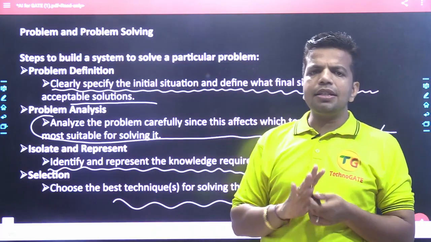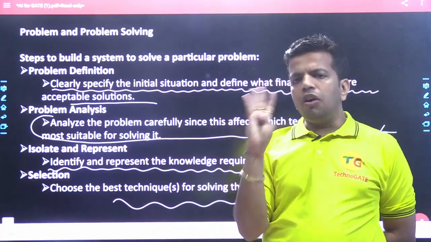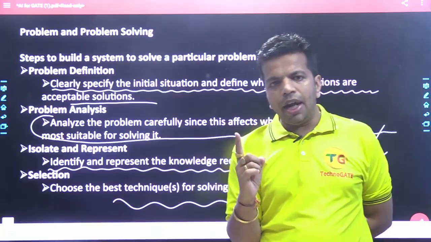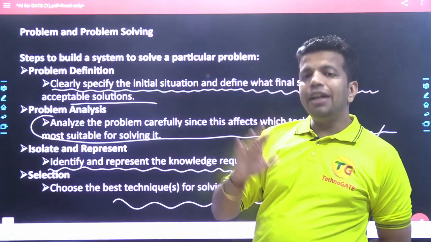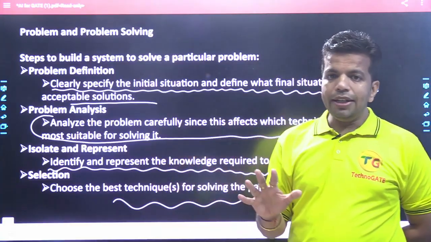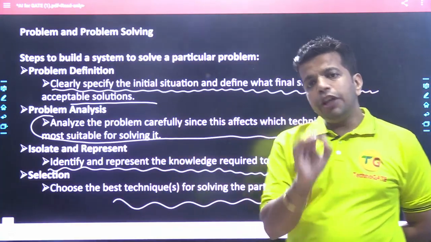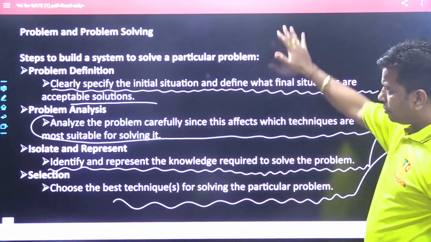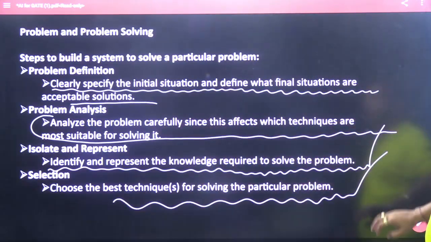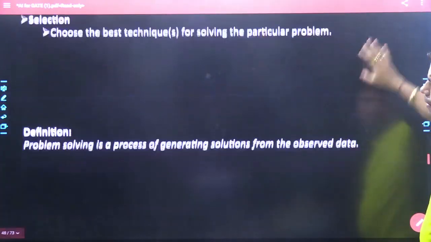So ultimately we can say that we need to follow the following 4 steps. First of all, we need to define the problem. We need to analyze the problem. We need to isolate and represent the knowledge, as well as choose the correct selection technique to solve that particular problem. Those are the steps that we need to perform.